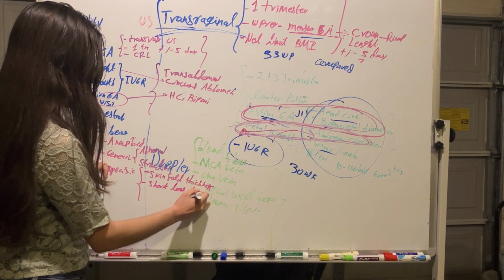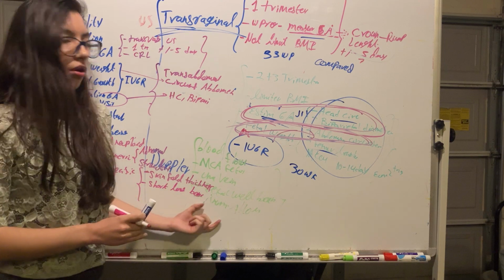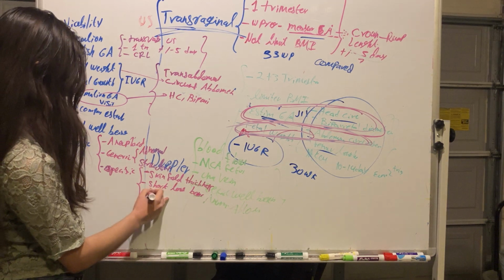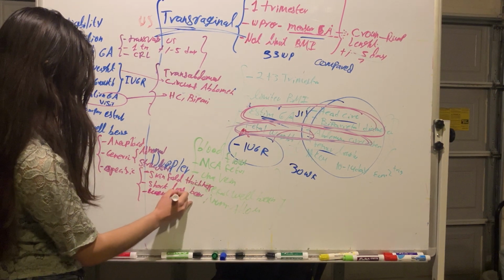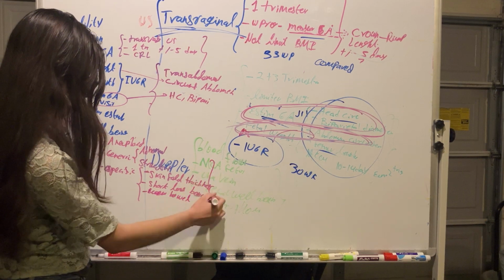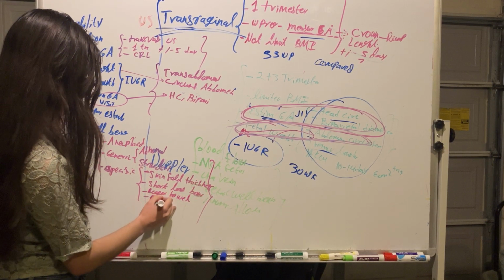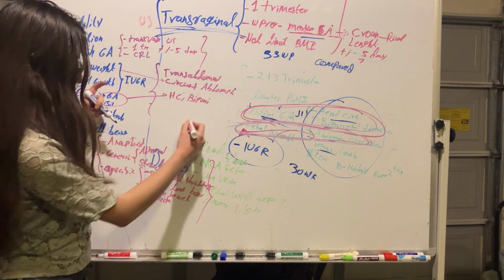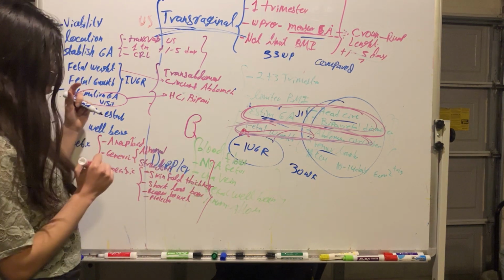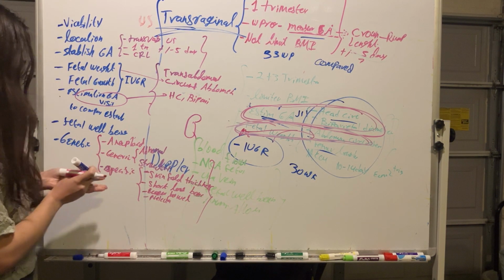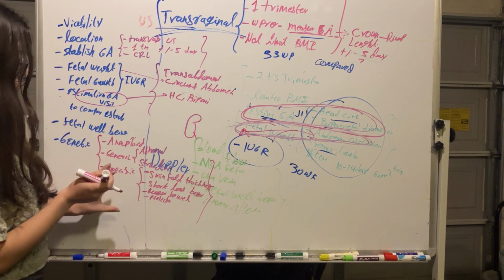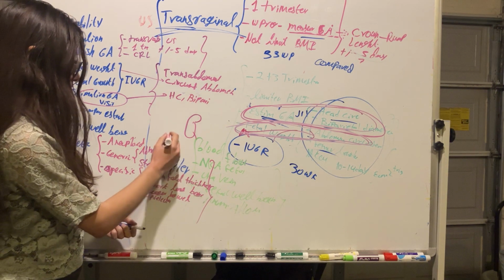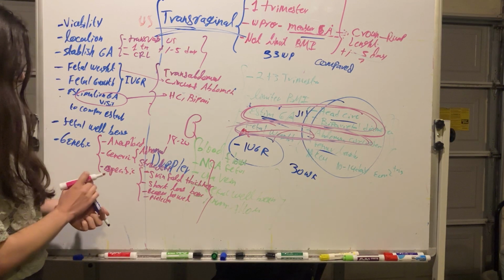So how short are the long bones? Echogenic bowel. Pyelectasis, which is increase of the renal pelvis. So this is genetic ultrasound done to evaluate for aneuploidies. This is done between 18 to 20 weeks gestation.